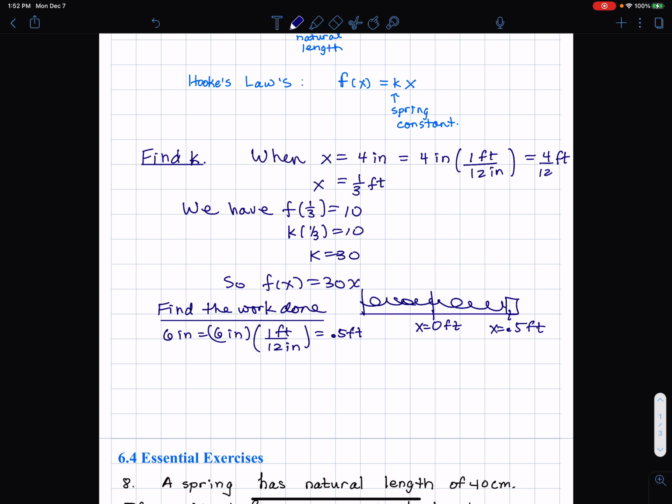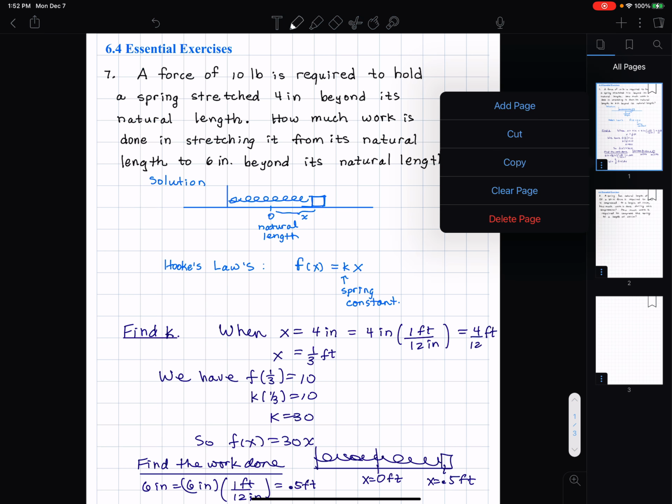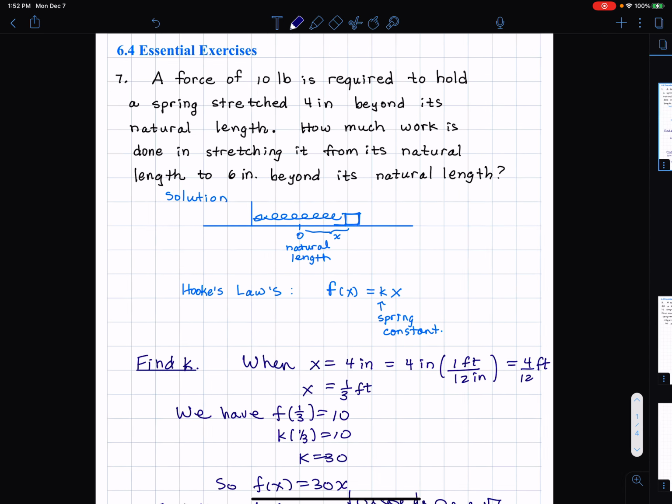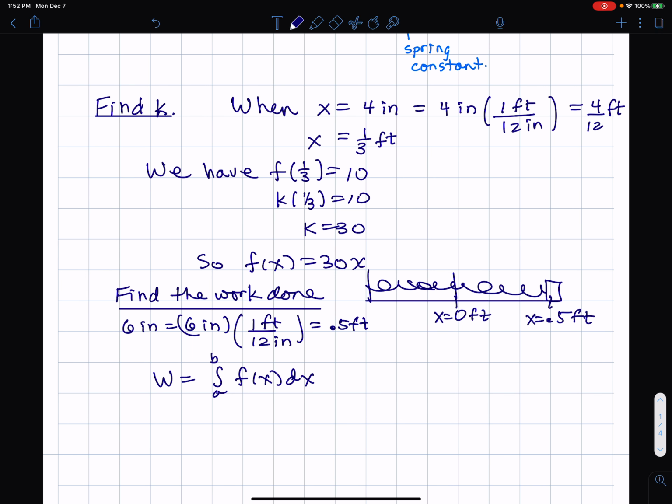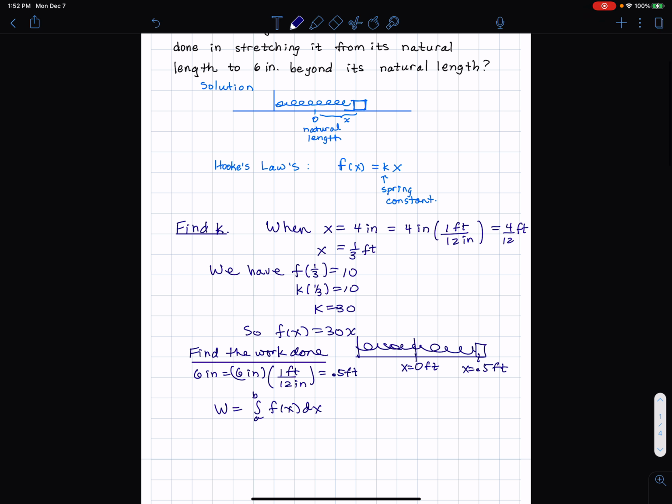So work is the integral from a to b of f of x dx. And these values of x are set up so that x is the displacement from its natural length. I need to make that clear, because that's a tricky thing. So x is the displacement from its natural length.